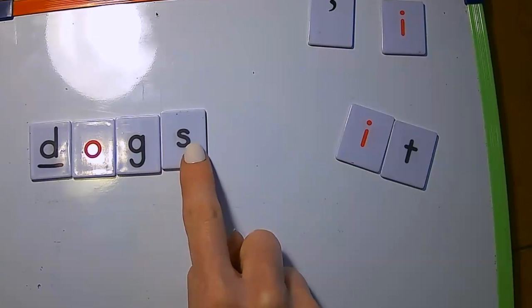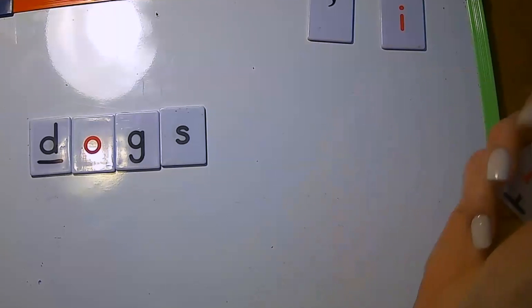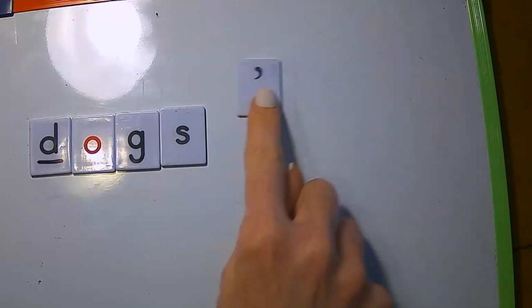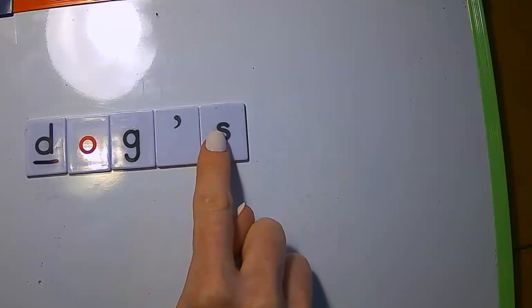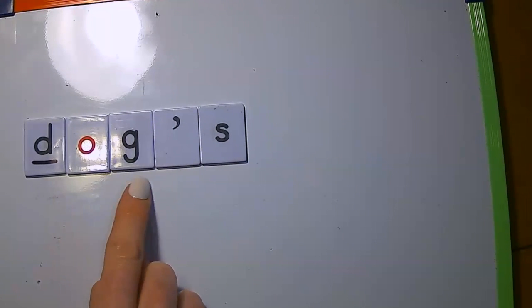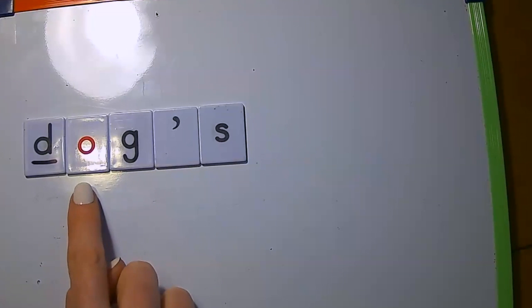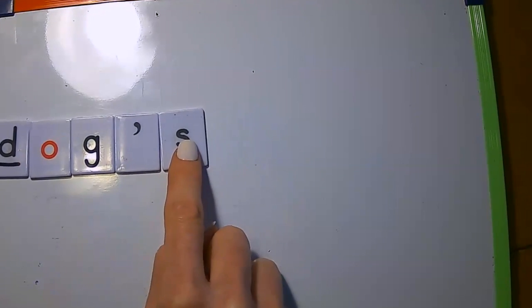When I add that S, that means more than one dog. Well, I can use this apostrophe to show that this dog owns something. An apostrophe S, it says dogs, but we're talking about one dog and it owns something.